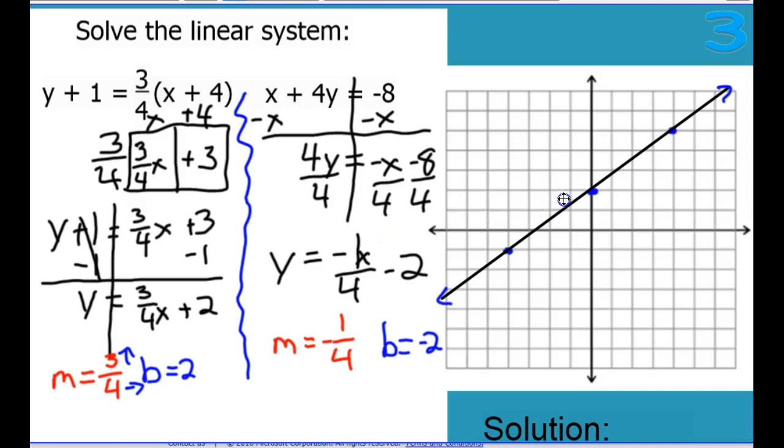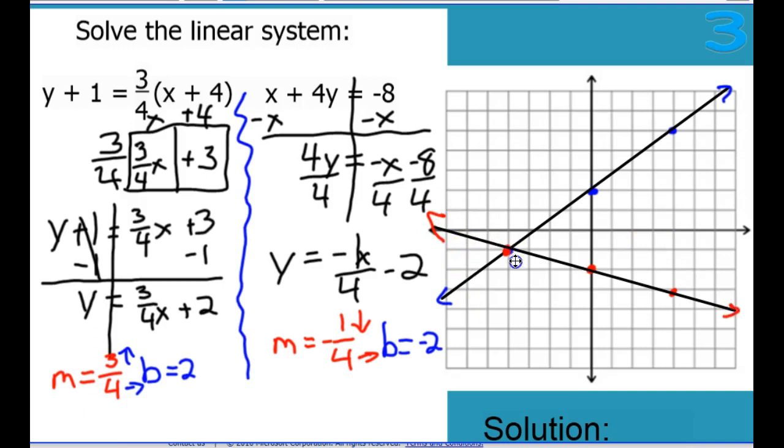So then if we graph that, we start right at negative 2, and we are going down 1 and over 4. So down 1, over 1, 2, 3, 4. If we do the opposite, we go up 1 and over to the left, 1, 2, 3, 4. Now we can graph that line by connecting our dots.